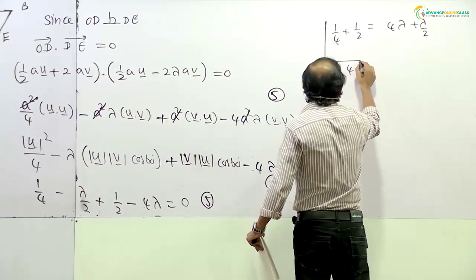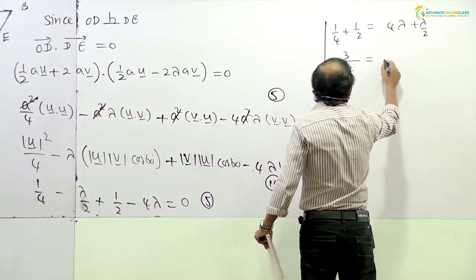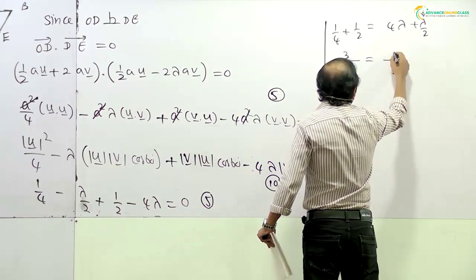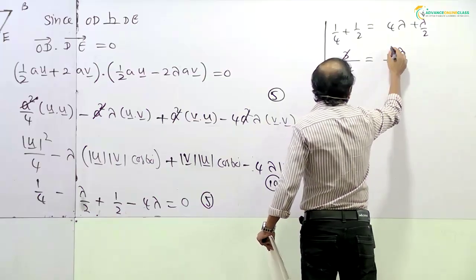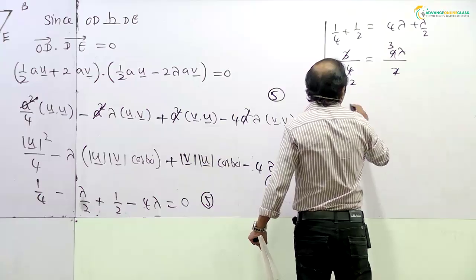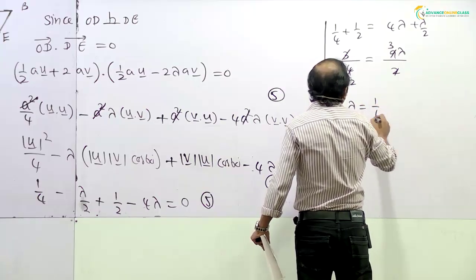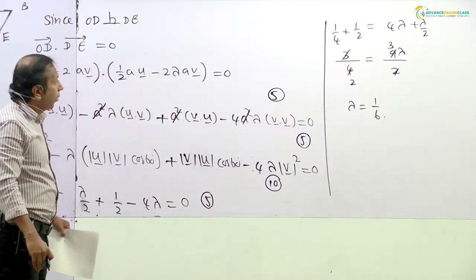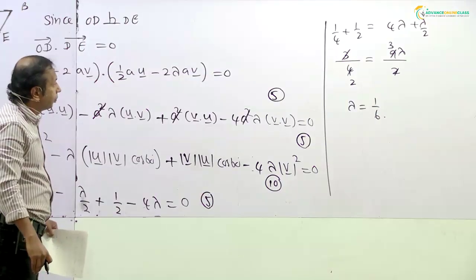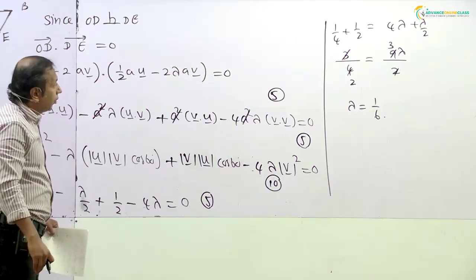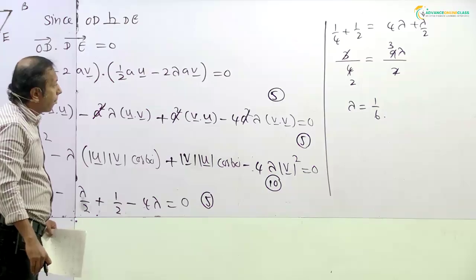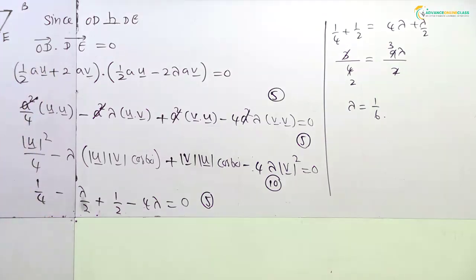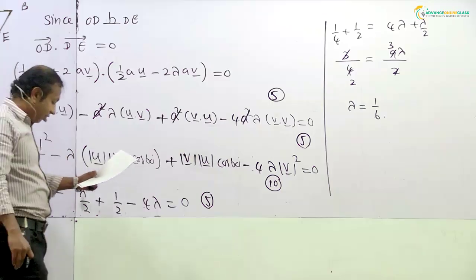Right, here 4, 3. Here 9 lambda. 3 and this we can cancel down. 2 and this we can cancel down. But lambda is 1 over 6. Correct? Yes. So the lambda is 1 over 6, 5 marks given.